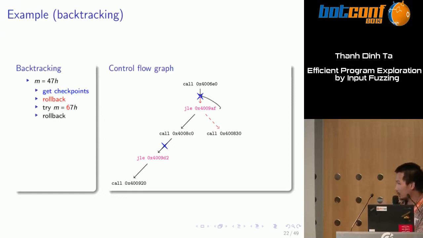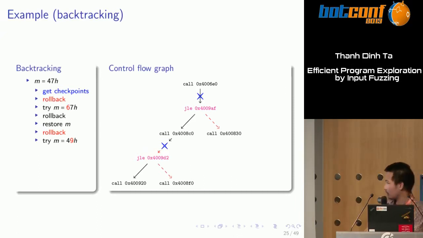We come back to the first trace, and we go to the second conditional branch, and here we roll back to the second checkpoint and try to modify the input, for example 49. This input changes the decision of the second branch, and then we roll back.